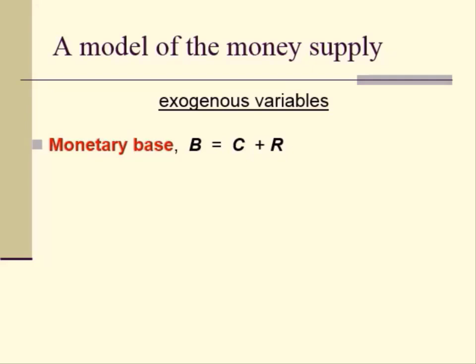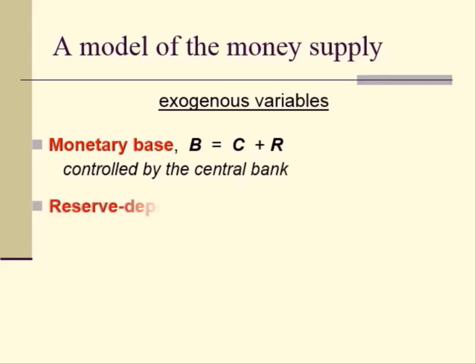Let's denote it as B. And B equals C plus R, where C is the currency and R is the reserve. And so the monetary base is defined as the total number of dollars held by the public as currency and by the banks as reserves. And this is directly controlled by the central bank.